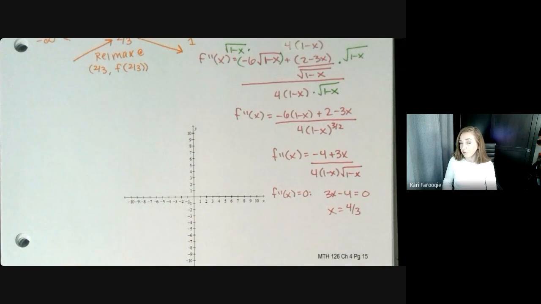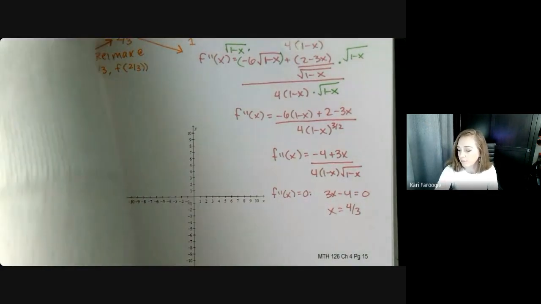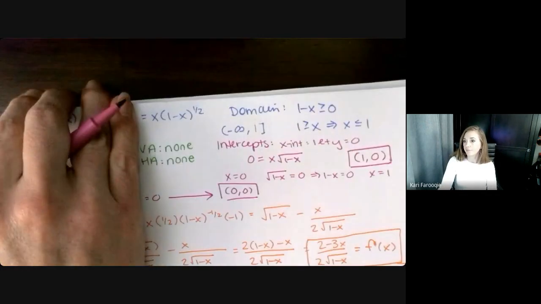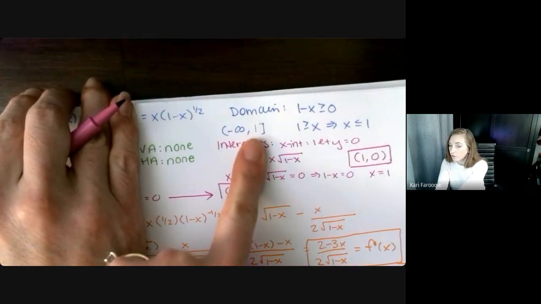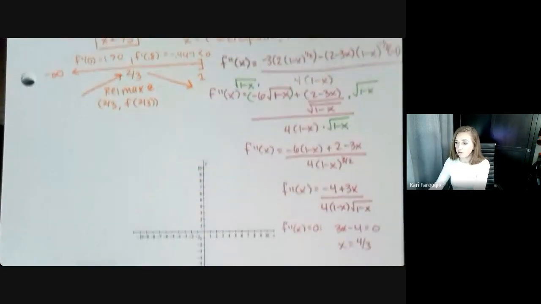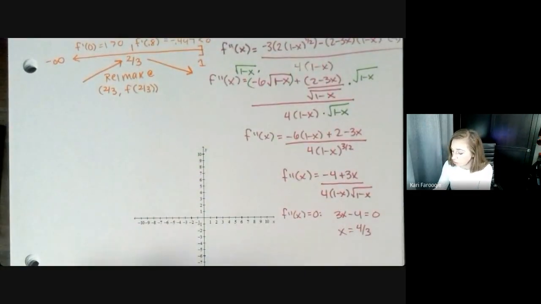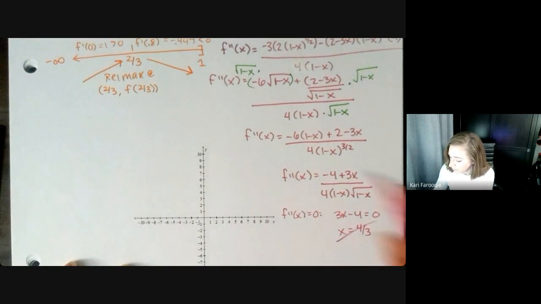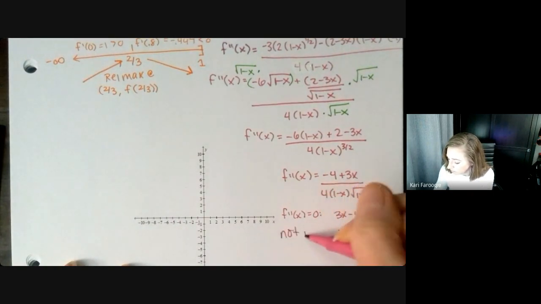Is 4/3 in your domain? Three-thirds is 1. 4/3 is more than 1. So if you find a value that's outside of your domain, I'm glad you found it. Show me that you looked for it at least, but say that it's not in the domain of f.